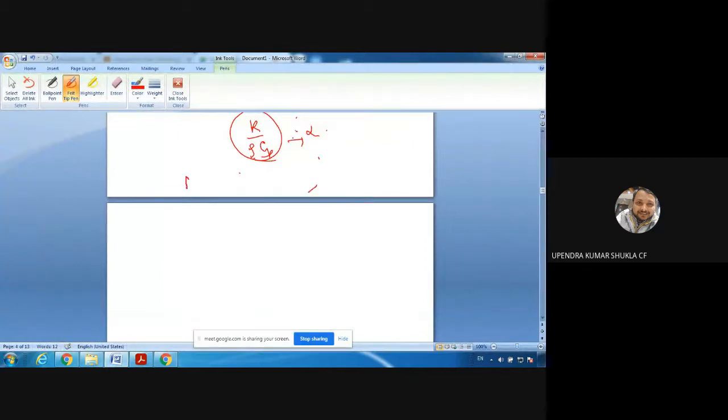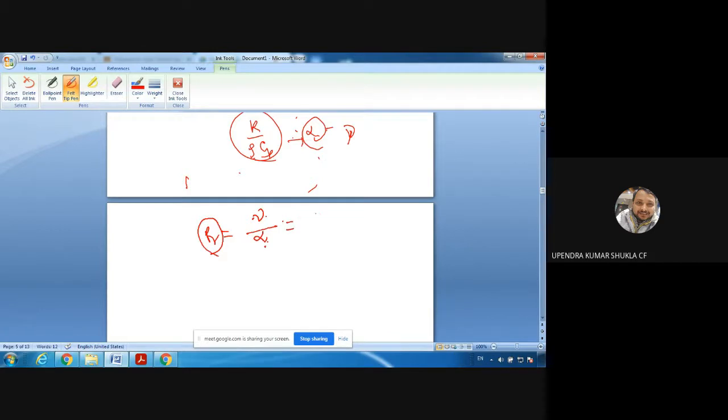Since both have the same unit, the dimensions will cancel, so the Prandtl number will be a dimensionless number.